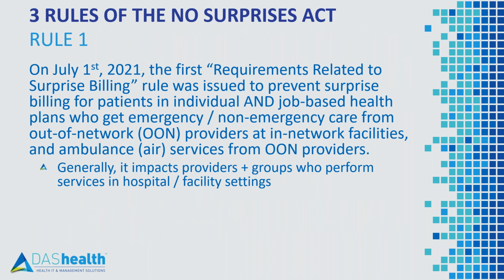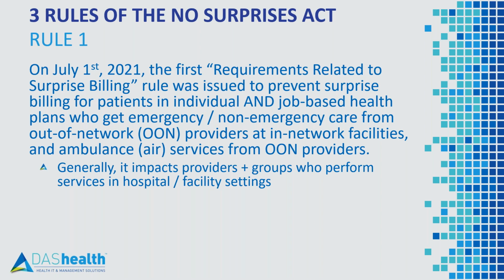So rule number 1 under the NSA established requirements related to balance billing. So on July 1st of last year, the first requirements related to surprise billing rule was issued to prevent surprise billing for patients in individual and job-based health plans who get either emergency or non-emergency care from out-of-network providers at an in-network facility or air ambulance services from out-of-network providers.